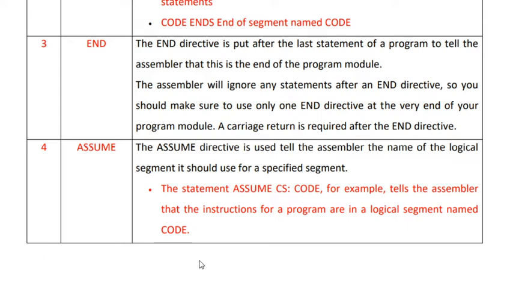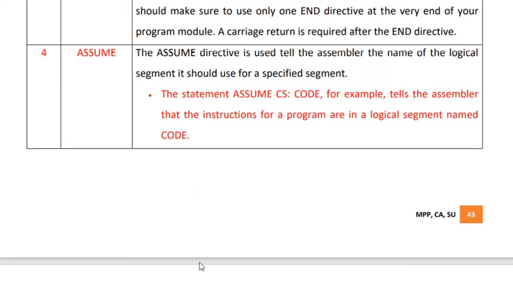Now, the next assembler directive that we have is called assume. The assume directive is used to tell the assembler the name of the logical segment it should use for a specified segment.